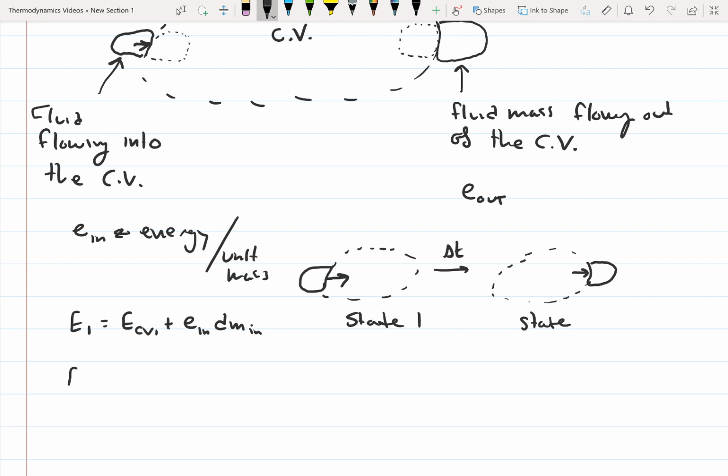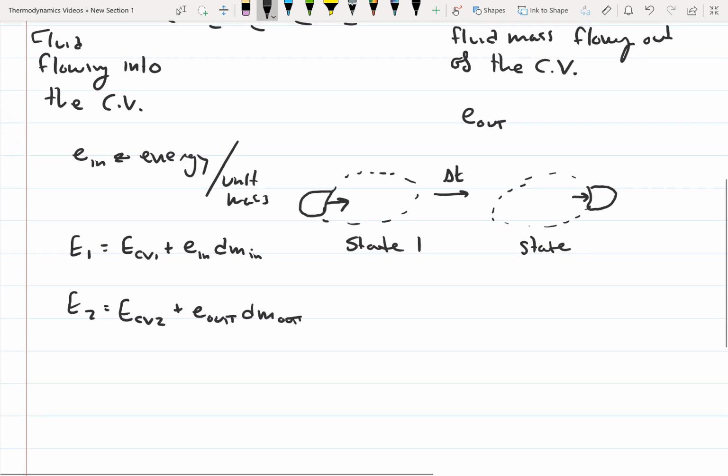And then at state 2, the total energy is equal to the energy already associated with the control volume plus the energy associated with this mass that's flowing out of the control volume.